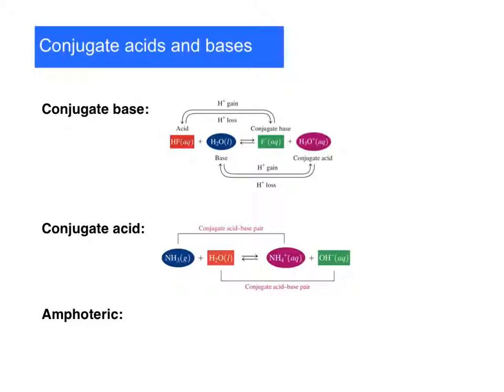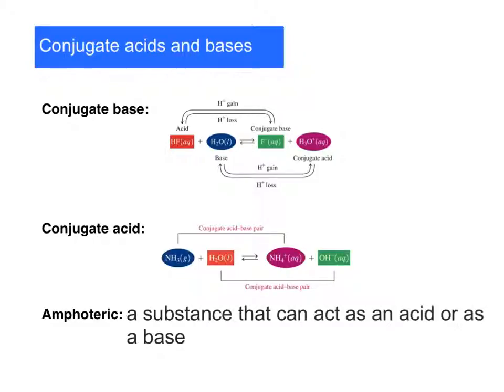So that is our conjugate acid for the NH3 base. Okay, and then there are some substances, water for example, that can act as either an acid or a base, and that is called amphoteric. So amphoteric things can both donate a proton or accept a proton. So water can donate a proton and become OH minus, or it can accept a proton and become H3O+.